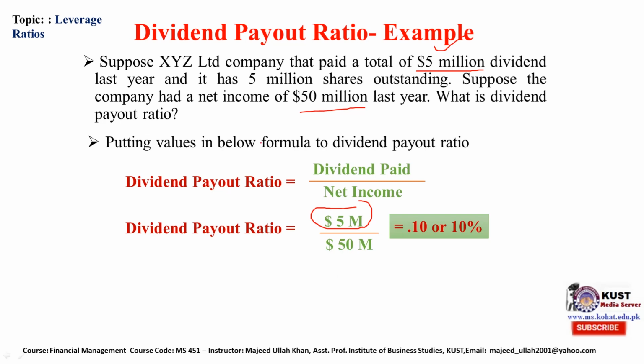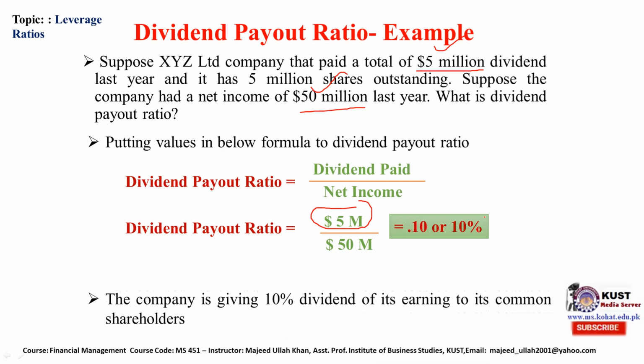This 50 million is net income. So this 10% means the company is returning 10% of its earnings to the shareholders as dividend, or giving them 10% of the profit.